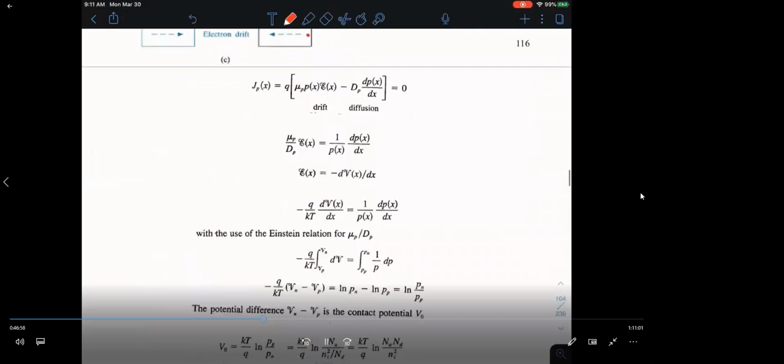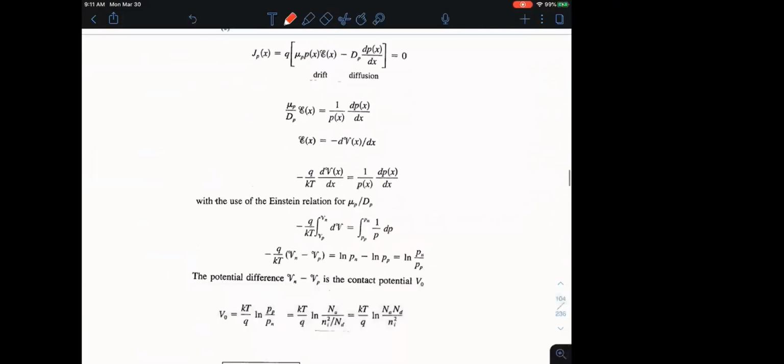Now, before spring break, we then came up with an expression for this built-in junction potential QV naught in two ways. The first is you set the sum of the drift current and diffusion current equal to zero because you have this dynamic equilibrium.